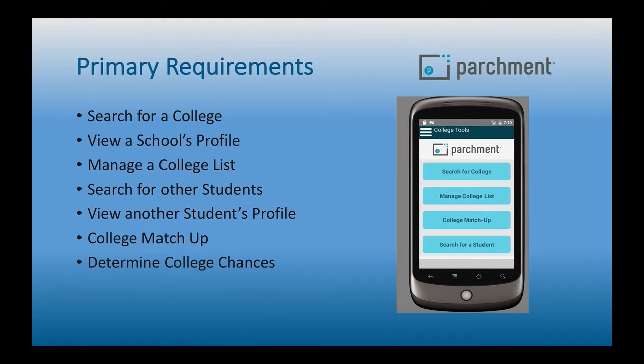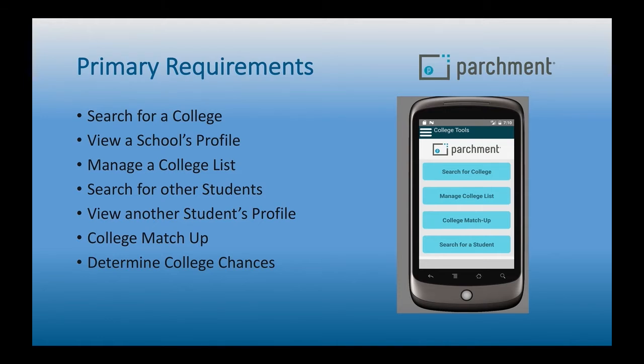Some of the primary requirements for the application were to be able to search for a college, to view a particular college's profile page, and to view the different schools' data. Users could also manage their college list by adding a school, updating the status of a particular school, or deleting the school.